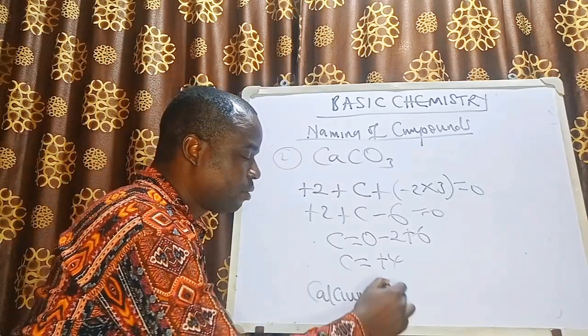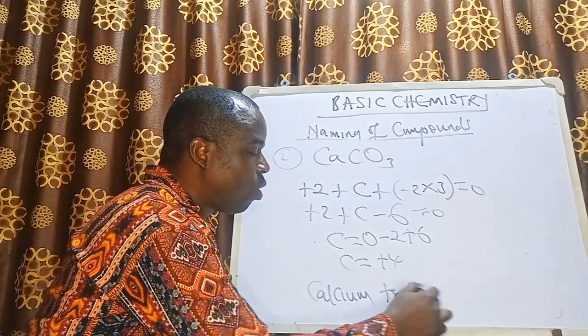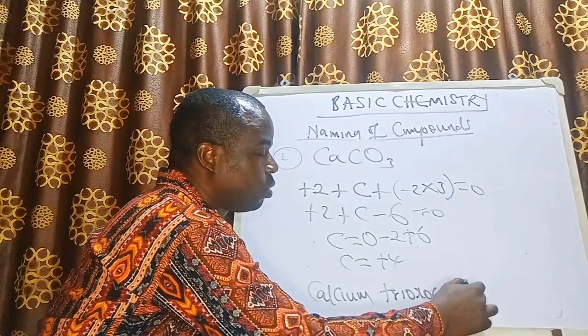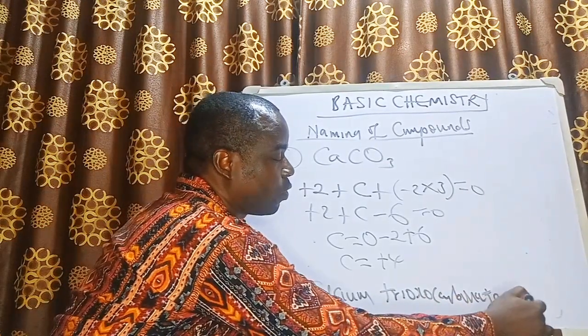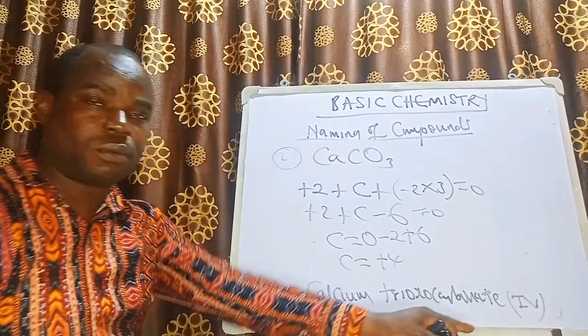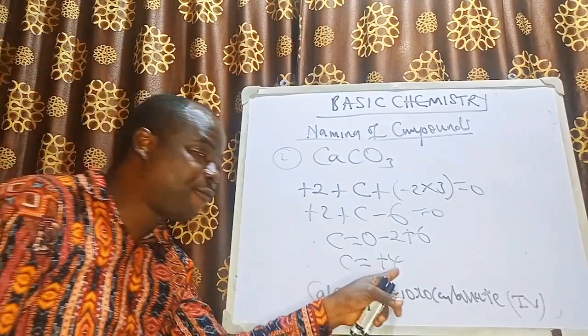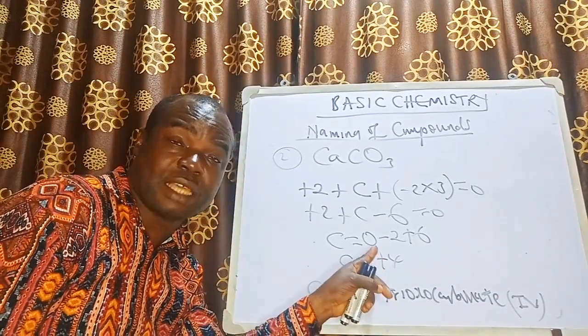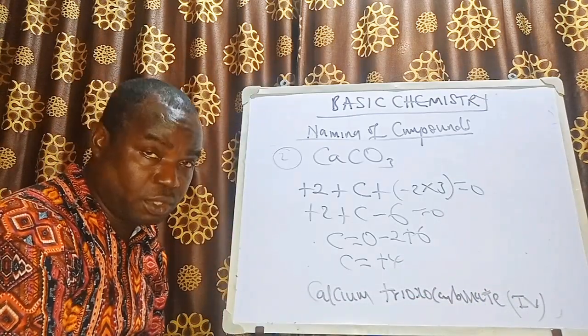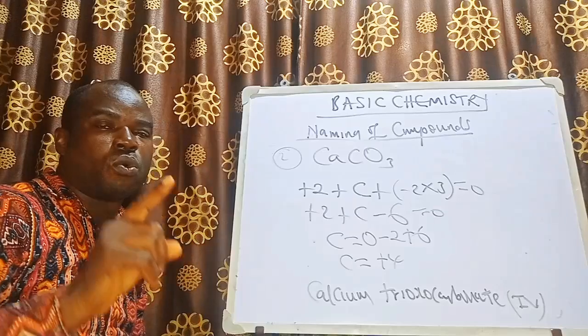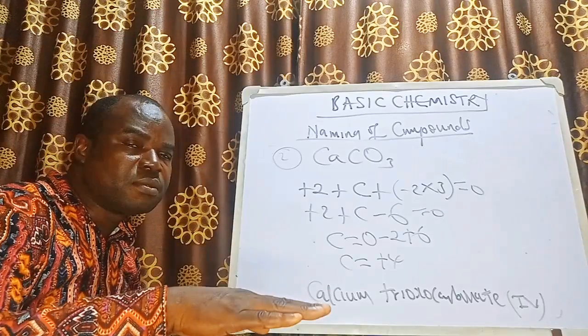So trioxocarbonate, 4. Why is it 4? Because I have 4 as my answer here. So the answer you have here, put it there. Are you following?